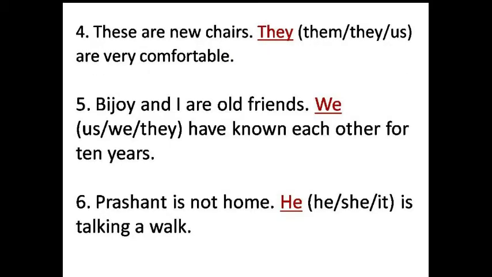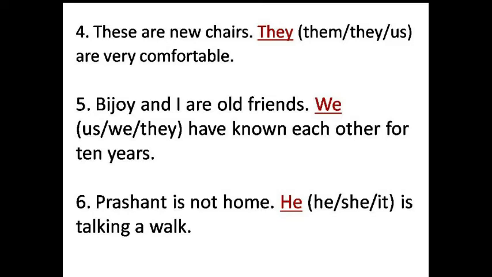Fourth, there are new chairs dash are very comfortable. We will use here they. Why? Because they is a subject pronoun. Fifth, Bijoy and I are old friends. Dash have known each other for 10 years.